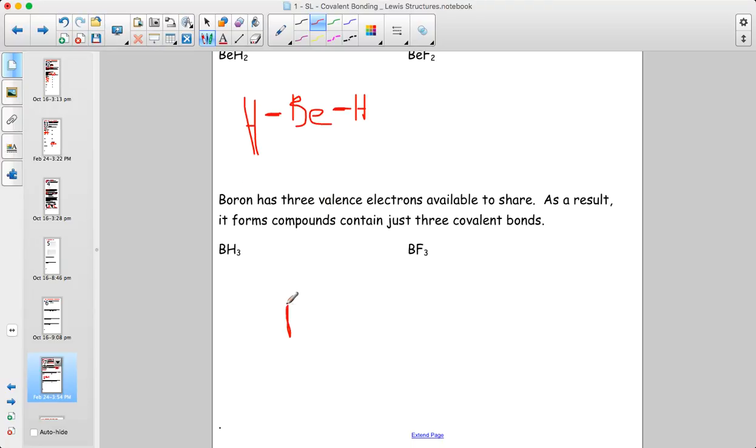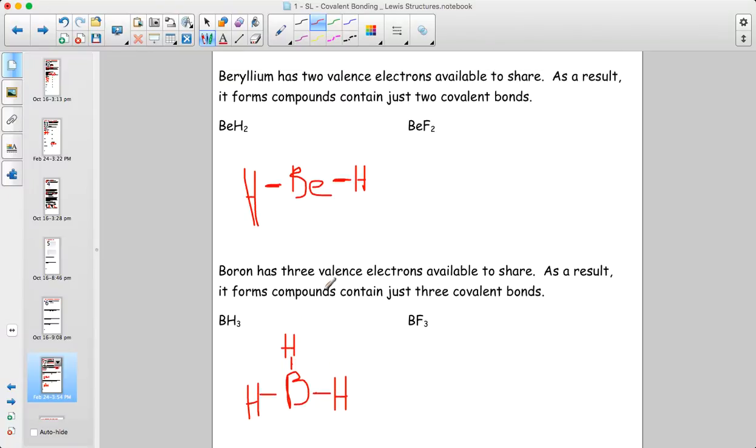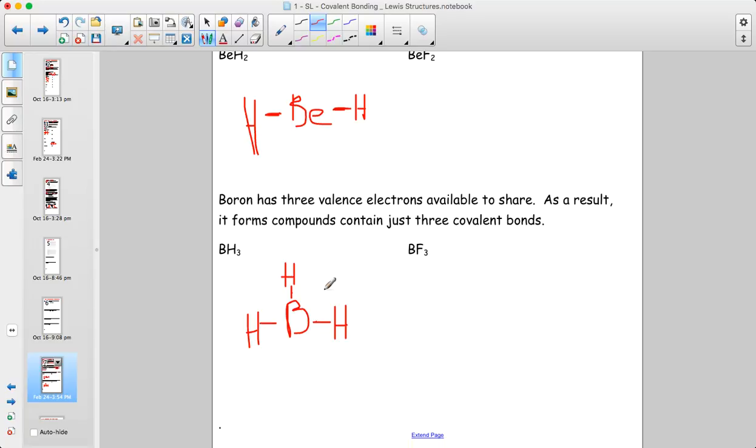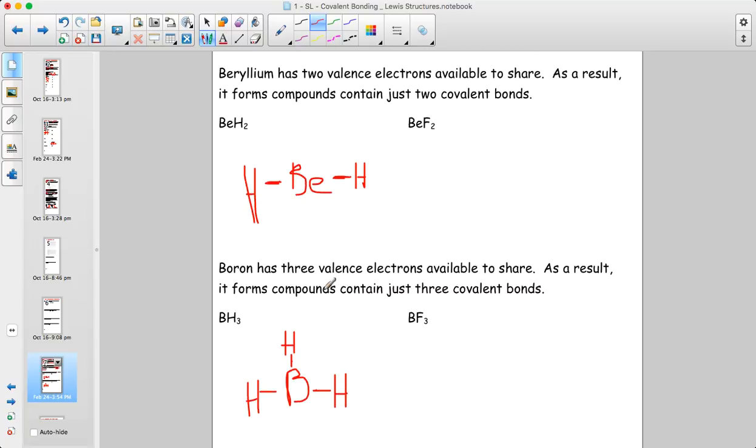Boron, similar idea. Boron starts off with 3 valence electrons, and so boron forms compounds with just 3 covalent bonds, making it feel like it has 6 valence electrons. And so there are the 3 bonds. While these are odd and they may frustrate you because you want everything to obey the octet rule, for every rule there are exceptions.